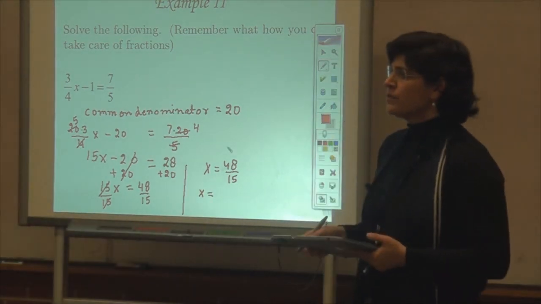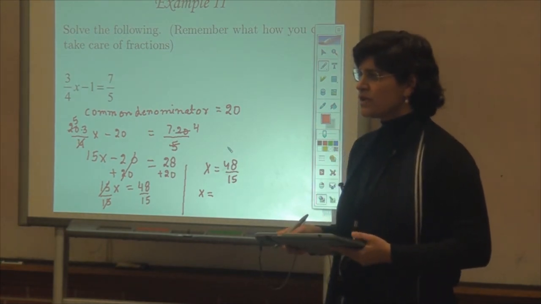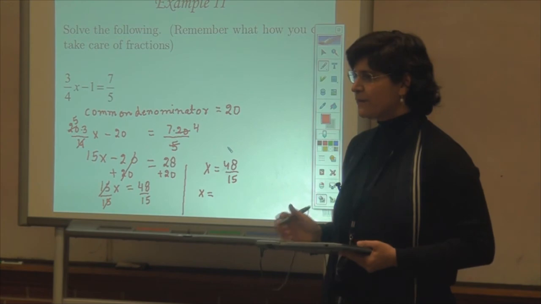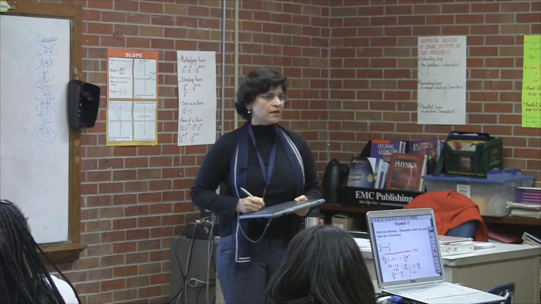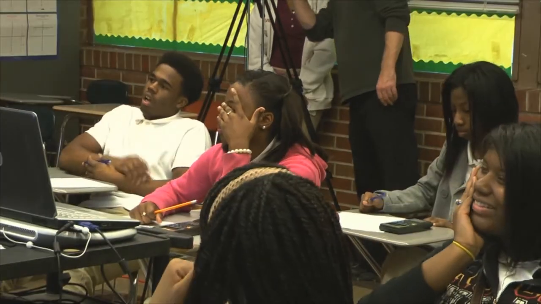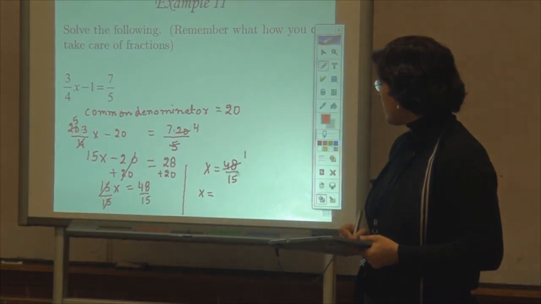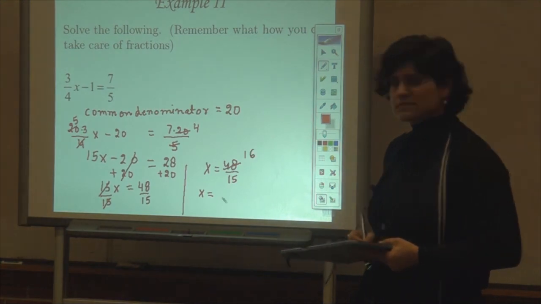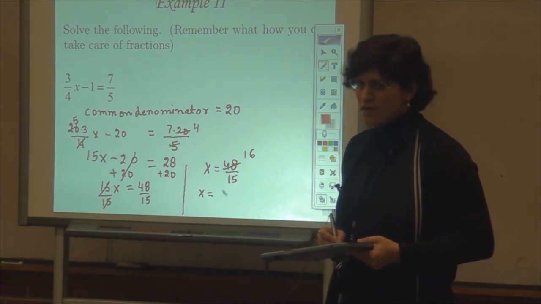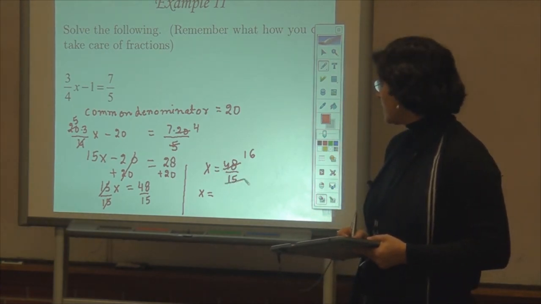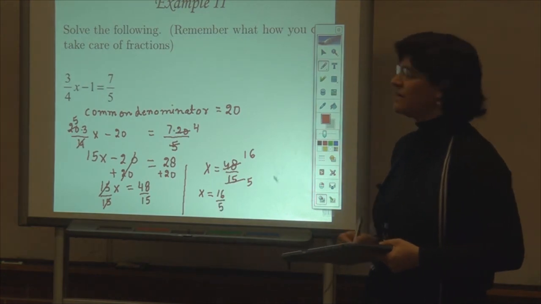What's the greatest common factor that both terms can be reduced by? 48 and 15, we can try using 3. Okay, so let's do 3. 3 times 1 is 3 and 6. The 16, because 16 times 3 is 48. And of course this is 5. So 16 over 5 is the answer.